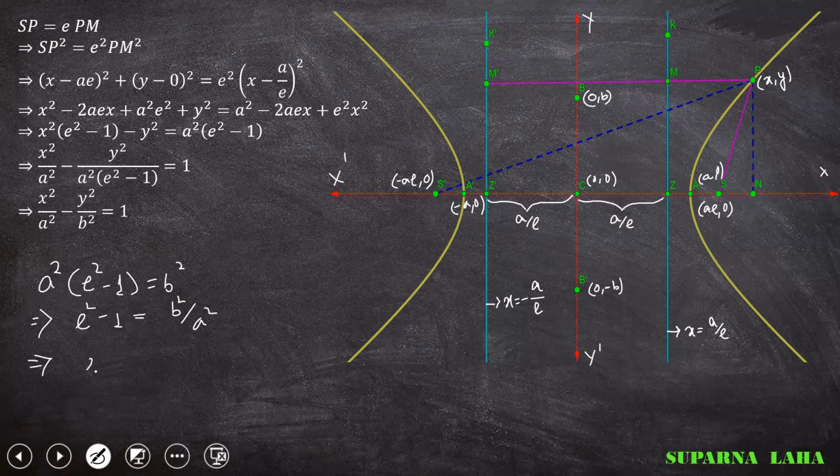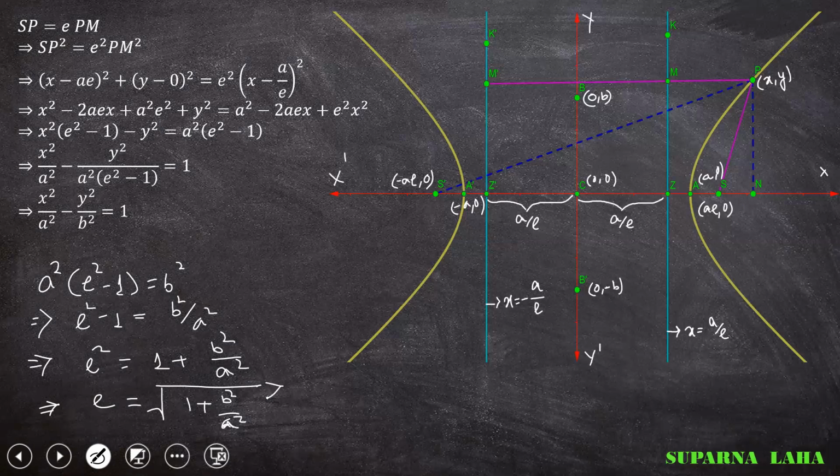So what is the value of e square? 1 plus b square by a square. And the value of e is under root 1 plus b square by a square, which is always greater than 1. The value is greater than 1 for the hyperbola.